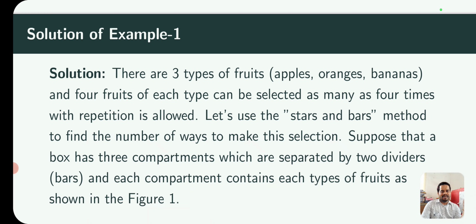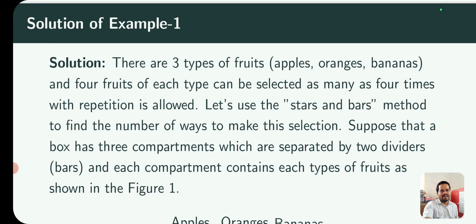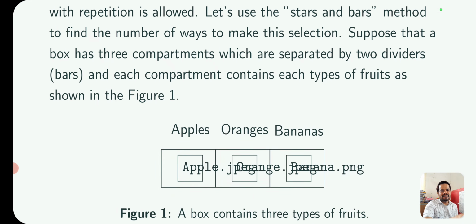So suppose that the box has 3 compartments, as given in this figure, and it is separated by dividers. Yes, so if you observe this figure, the first box contains apples, the second box contains oranges, and the third box contains bananas. Yes, and all these 3 boxes are separated by a divider.